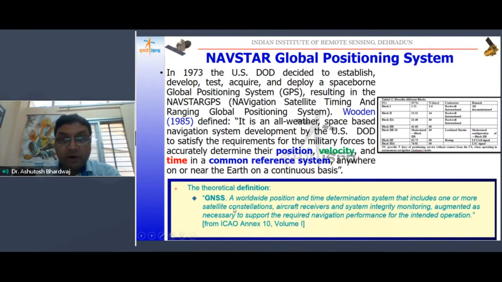When we say one or more satellite constellation, we mean one constellation is from the US, Navstar, which is the navigation satellite timing and ranging global positioning system, which belongs to US. The second constellation is the GLONASS by Russia, BEDO by China, Galileo by European Union, IRNSS by India, QZSS by Japan.